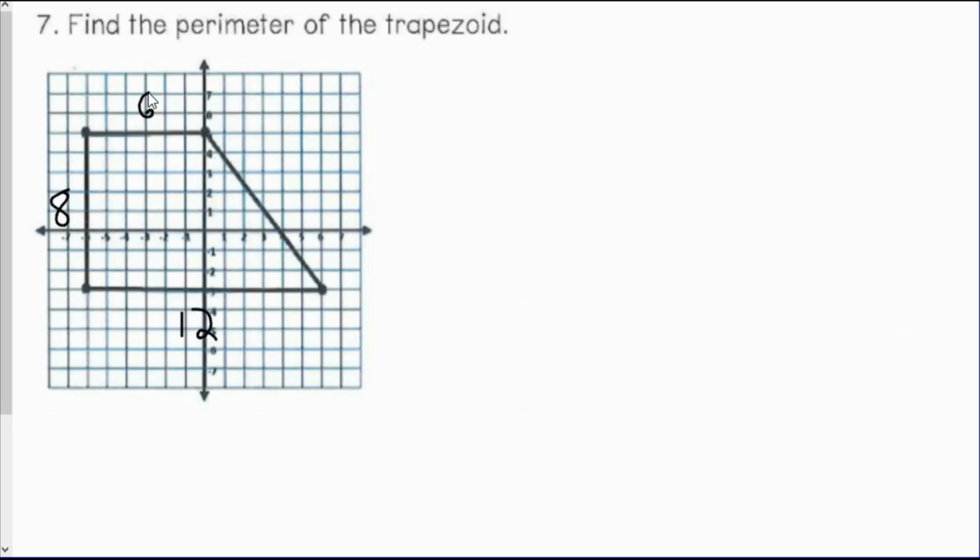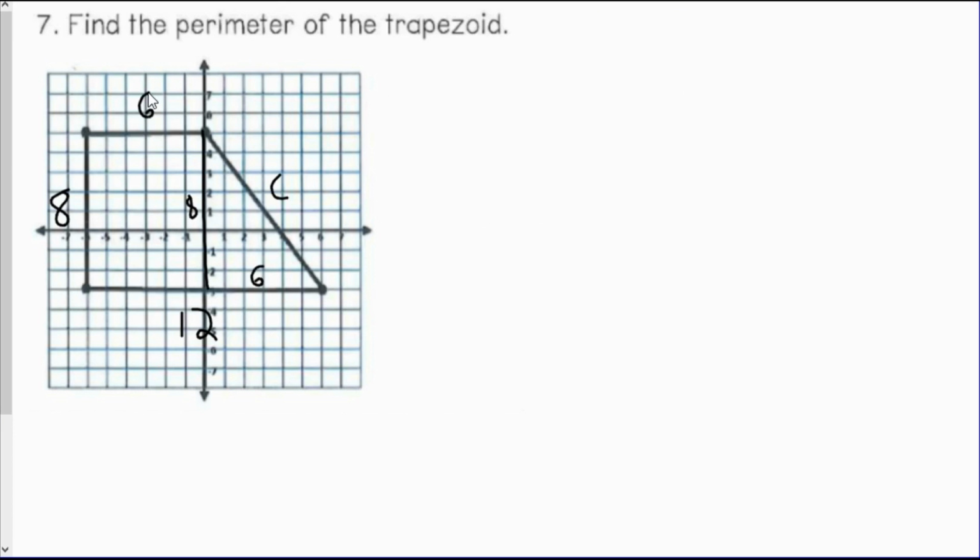Now I need to find my diagonal distance. If I drop a vertical line straight down, that creates my right triangle. Notice this new vertical line has a length of 8. My horizontal line has a length of 6, and I'm trying to find my length c.